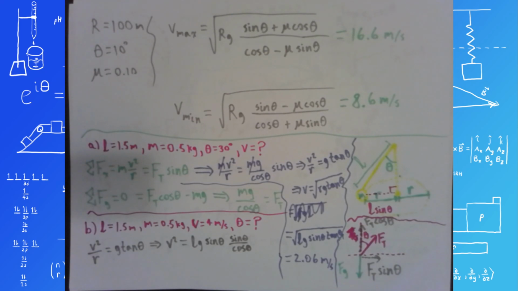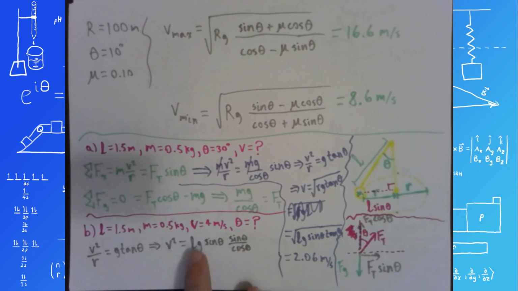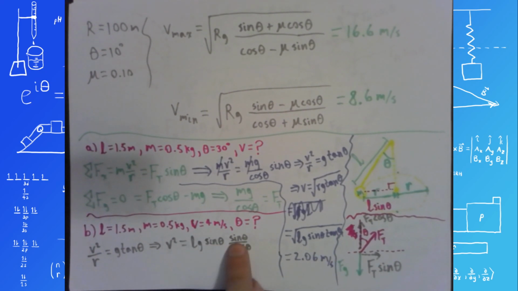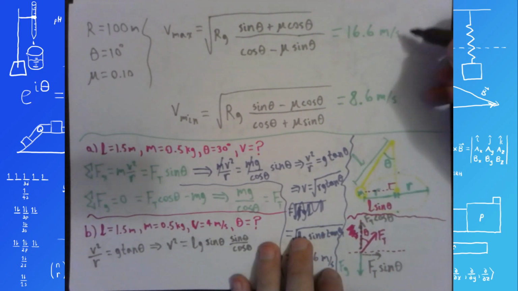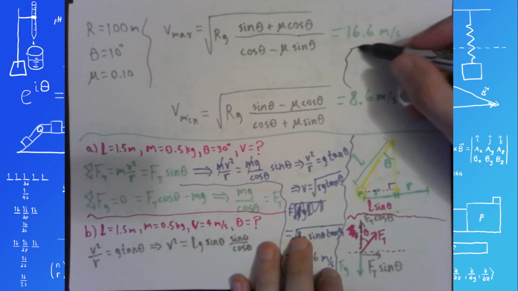And I have a way of doing that if I rewrite the tangent as sine over cosine, because then I can do sine times sine is sine squared, and if you know your trig identities, then you know that sine squared can be rewritten in terms of cosine squared. You might remember that, I'll write it over here.